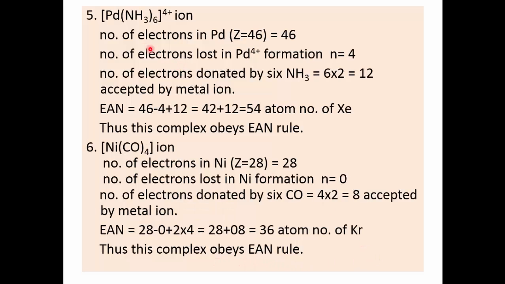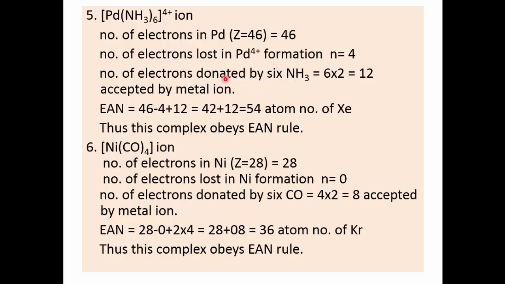Again, next example, [Pd(NH3)6]4+ ion. Ammonia molecules are neutral, hence the 4 plus charge is from palladium. Start. Electrons in palladium, that means atomic number of palladium is 46, therefore value of Z is 46. Just as we have discussed, Pd4+ ion is formed, that means there is loss of 4 electrons, so N is equal to 4.